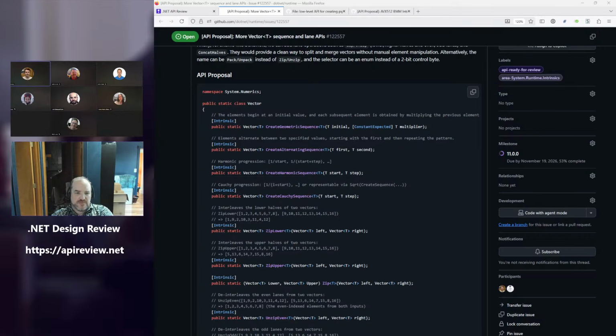Harmonic sequence is doing division. So you've got 1 divided by start, and then 1 divided by start plus step, and then 1 divided by start plus step times 2, etc. Cauchy sequence is very similar, but it's 1 over start squared plus step, and so it's effectively square root of create sequence.